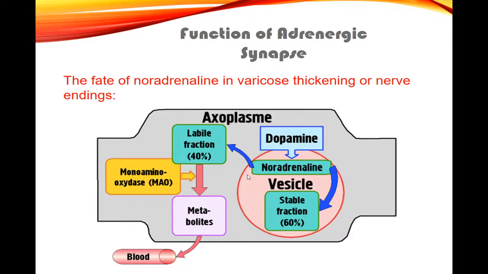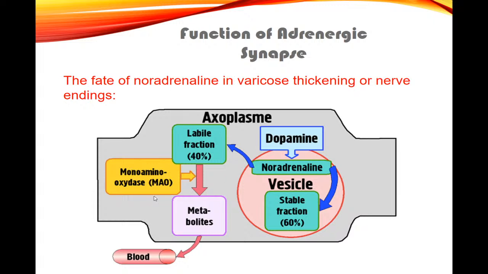And in these vesicles, there are no enzymes participating in metabolism of noradrenaline. That is why this is the stable fraction. It is synthesized and not cleaved. In vesicles, the stable fraction contains 60% of noradrenaline.